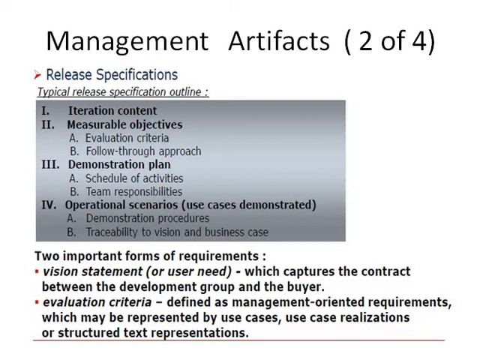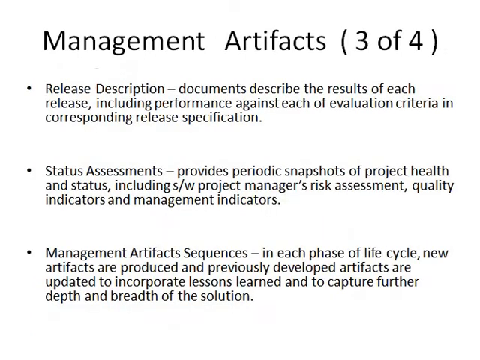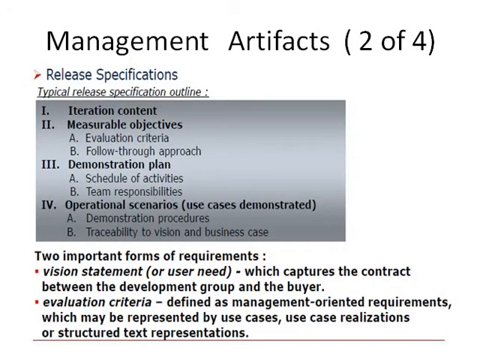So the system requirements which are captured in the vision statement are your low-level requirements, which you are going to evolve into your summarized form. So in the four phases, inception, elaboration, construction and transition, how is your release specification mentioned?